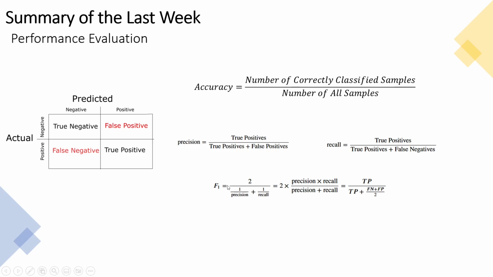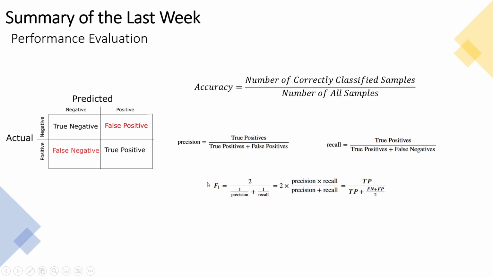And then we have seen another metric called F1 score, which is basically the harmonic mean of precision and recall. That's the equation of F1 score. If you would like to use just one number as your performance evaluation metric, then F1 score is a good metric that encourages both high precision and high recall, because as you see, both in the numerator and denominator, the precision and recall have the same weight.